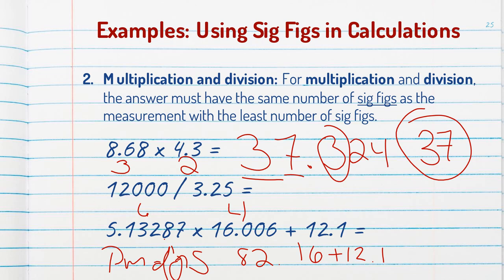And I only need 1 behind the decimal place. So I round up again. So it would be 90.4.3 be my answer.